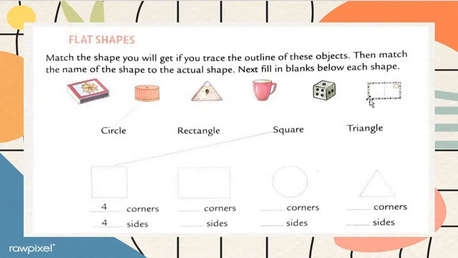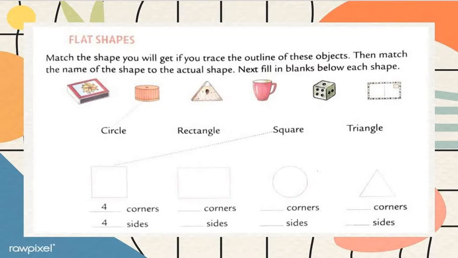How many sides does the rectangle have? One side, second side, third and fourth. 4 sides of the rectangle. Understood? I hope you all understood, my dear students.